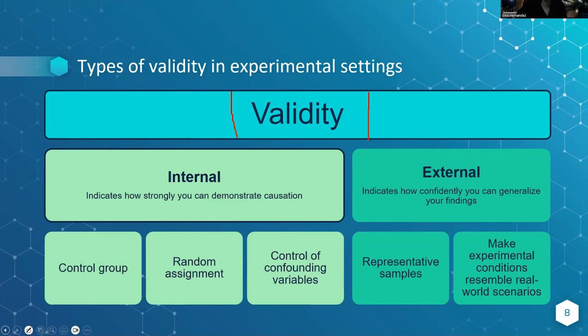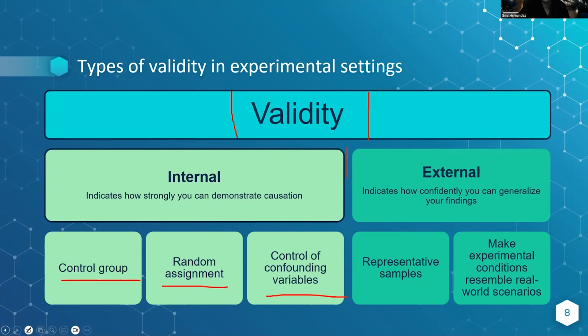So the more variables you control, the stronger internal validity you will have. So as you can see here, we can increase internal validity with control groups, with random assignment, and with control of confounding variables.